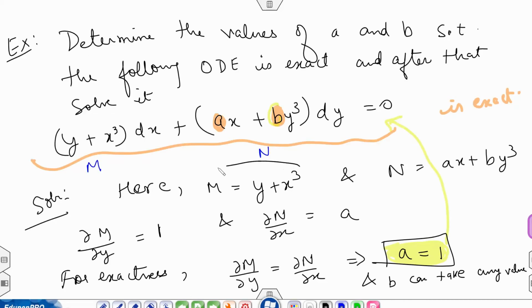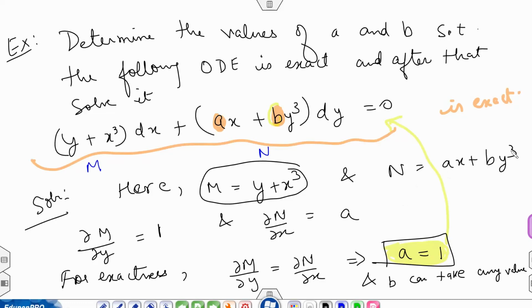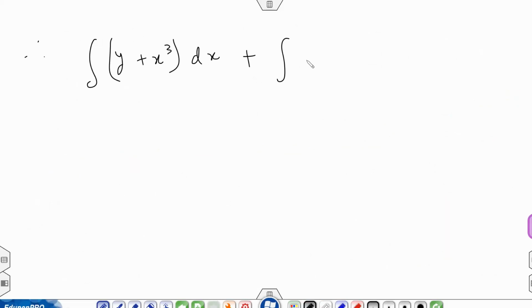Therefore, for a is equal to 1, the equation becomes exact and the solution will be given by integration of m, that is this, treating y as constant, plus integrating only those terms which are free of x. I'll just consider this term. This is free of x. So I'll just write it over here: by cube dy is equal to c. This will be the solution.